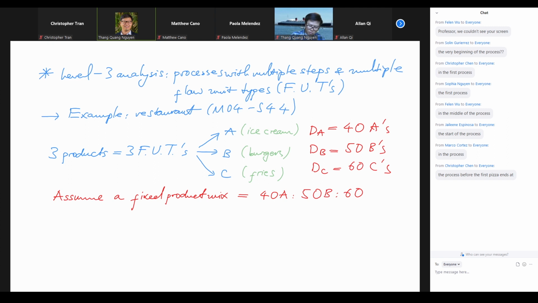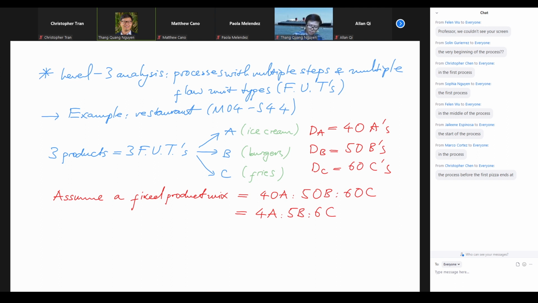These proportions are assumed to be fixed so that we can effectively go through the calculation. Or we can simplify and say that for every 4 ice creams, we would sell 5 burgers and 6 fries.